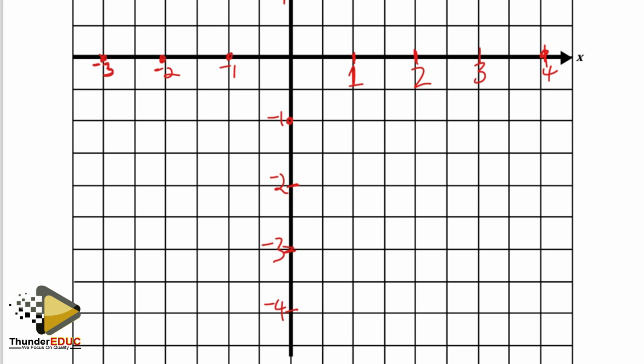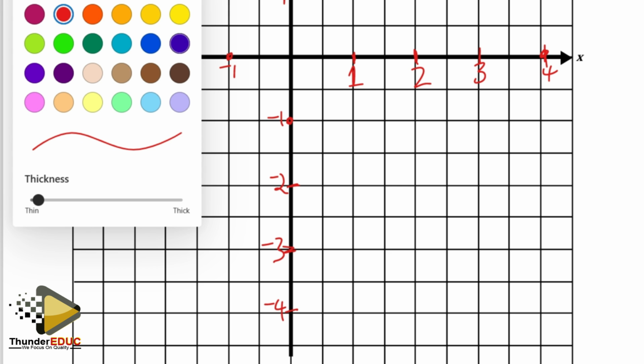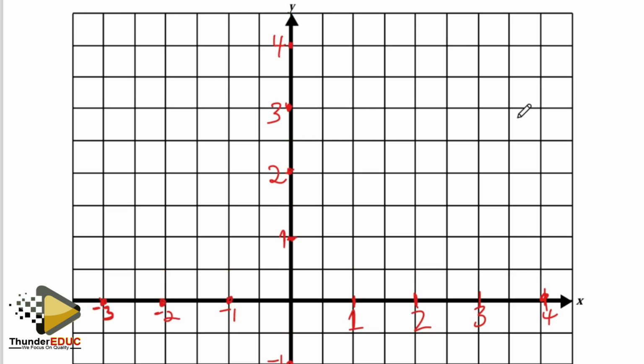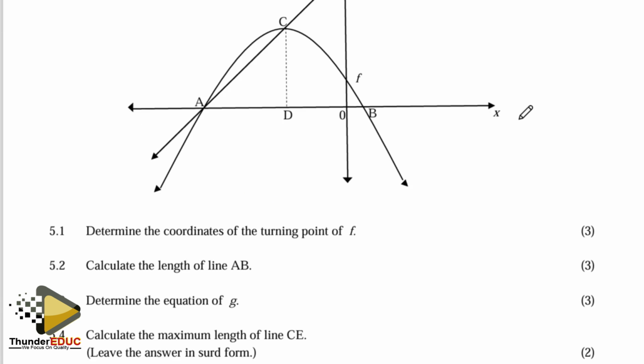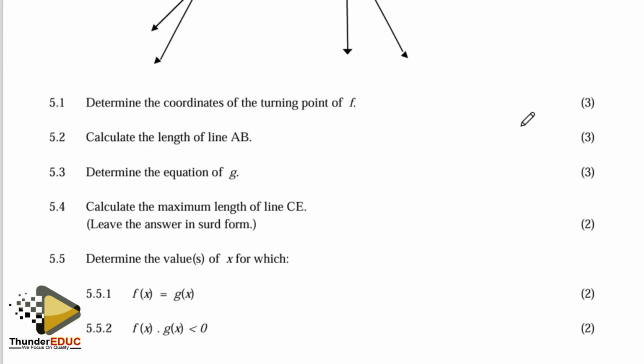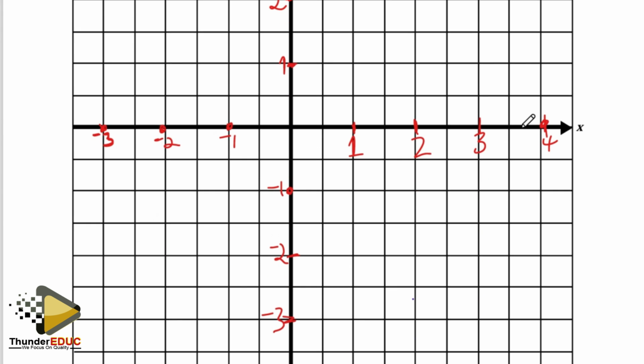So I'm doing this just because they gave me a grid, but in normal cases, I don't need to use a number line. Remember, it will be a sketch. So I have my asymptotes as x equals 3 and y equals negative 1. x is 3. It's going to be this line here. When y is negative 1, it's going to be this line there.